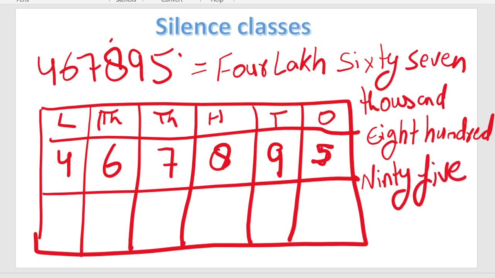Like this we can write it in words, in the form of a number name.